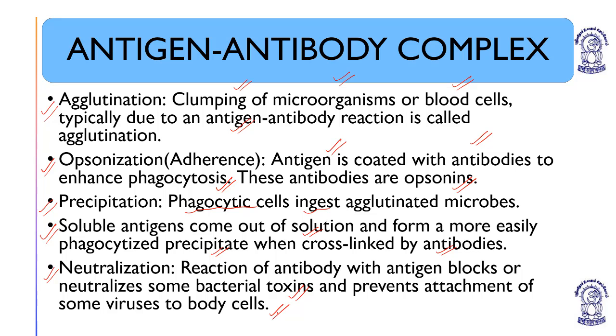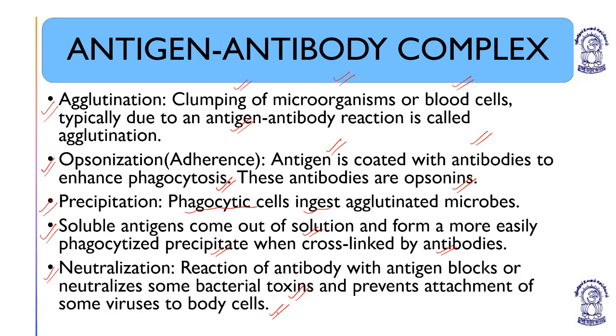So these are four terms: agglutination, opsonization, precipitation, and neutralization. Agglutination means epitope, paratope. Opsonization is decorating by the opsonins so that they can be easily identified and phagocytosed. Precipitation is these phagocytic cells ingesting the agglutinated microbes.